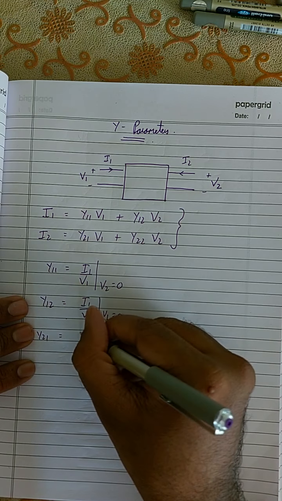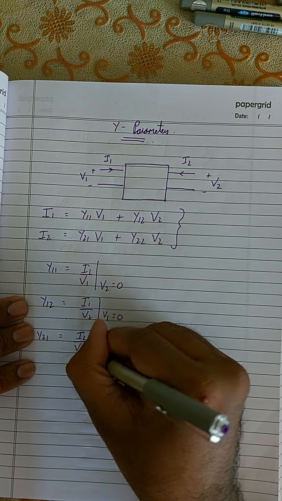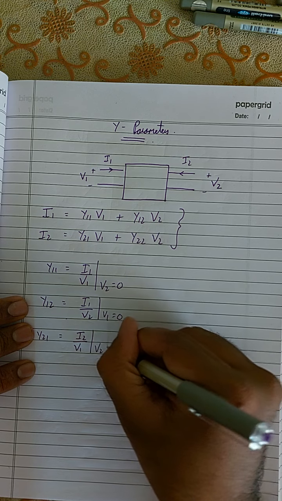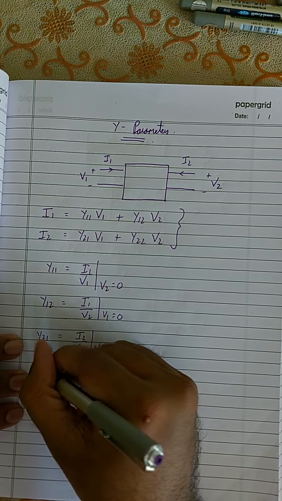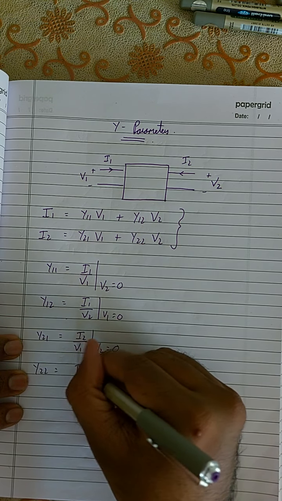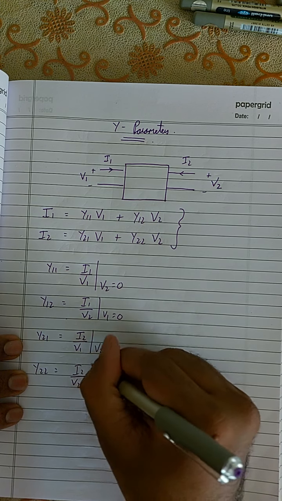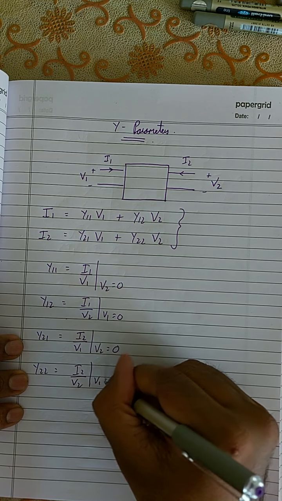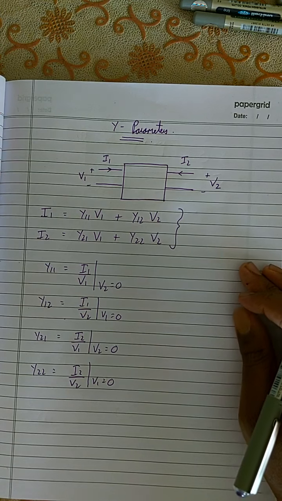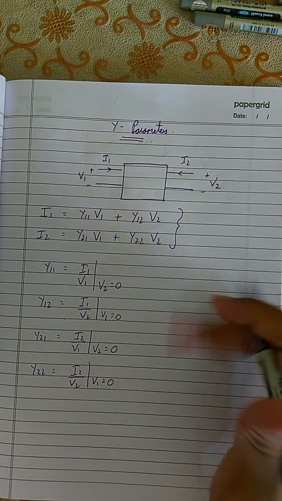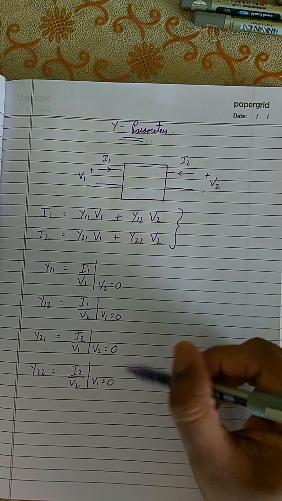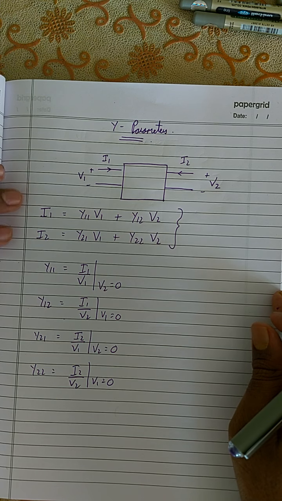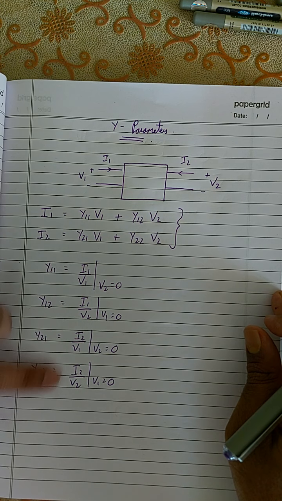Y21 is equal to I2 by V1 when V2 is equal to 0. What is the meaning of y22? Y22 means I2 by V2 when V1 is equal to 0. That is why this is called a short circuit, because the corresponding voltages are all being shorted. So this is how we find the y parameters.